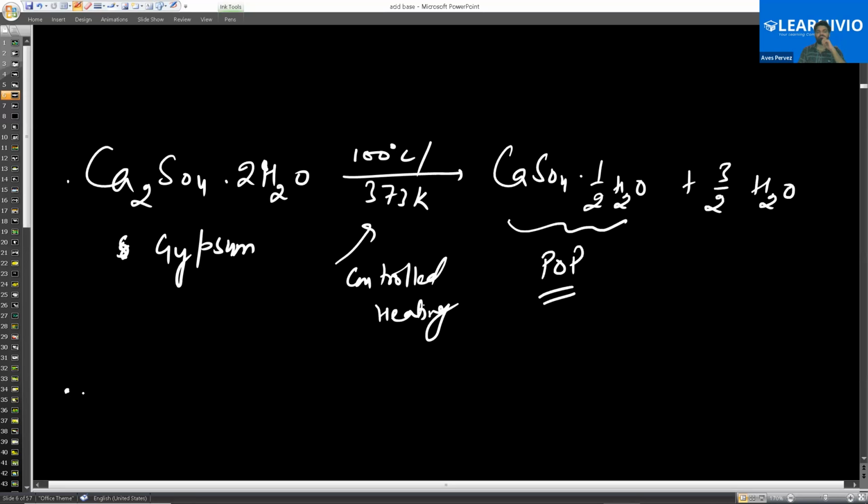And the last ones that we have done: plaster of Paris, baking soda, caustic soda, bleaching powder, and POP.